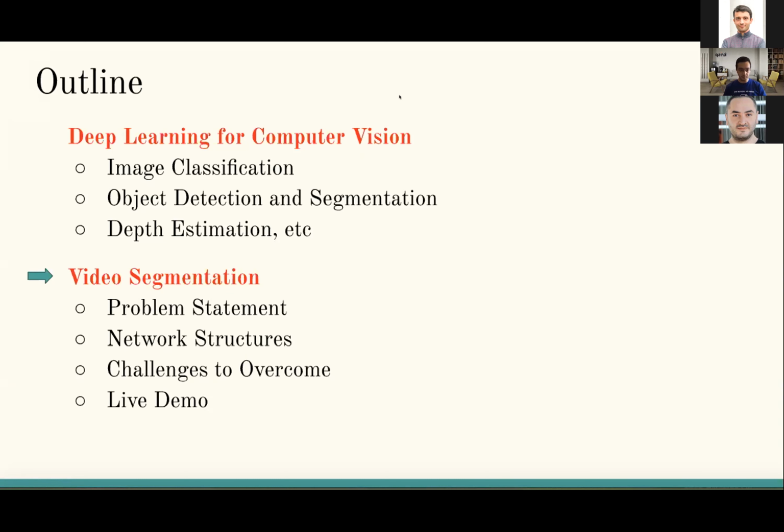Basically, during different conferencing calls, your meetings, interviews, when you don't have an appropriate environment to connect to those meetings with your video, this video segmentation task solves this problem for you.